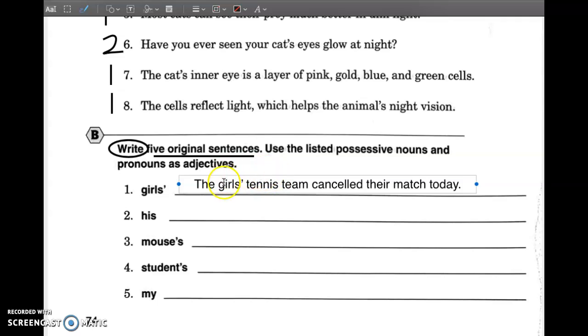The tennis team belongs to the girls, and we are describing tennis team a lot more in detail here by using the adjective girls. So, for example, we could have just said the tennis team canceled their match today. But whose tennis team? The girls' tennis team. That helps describe tennis team more thoroughly. All right, continue on and make sure you're using these as adjectives for 2, 3, 4, and 5.